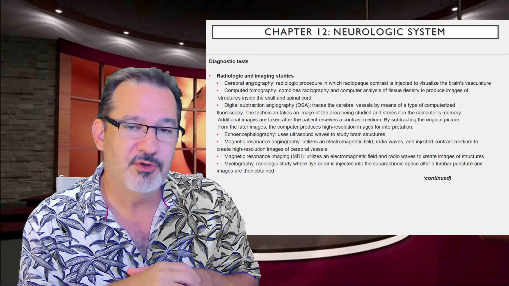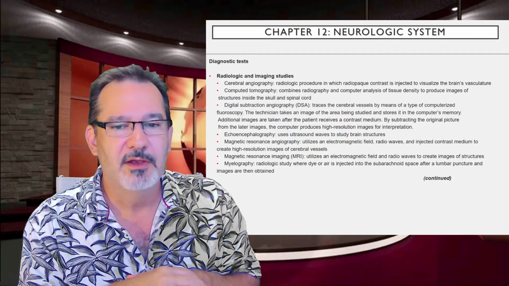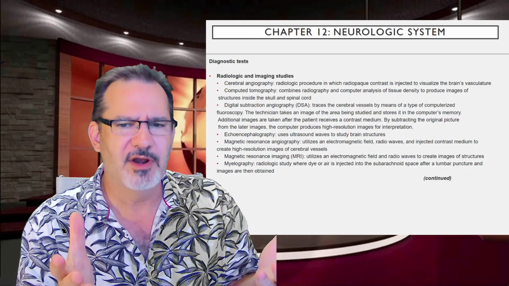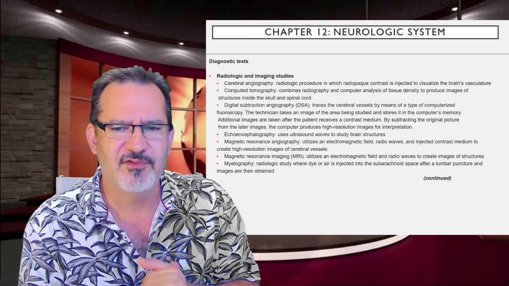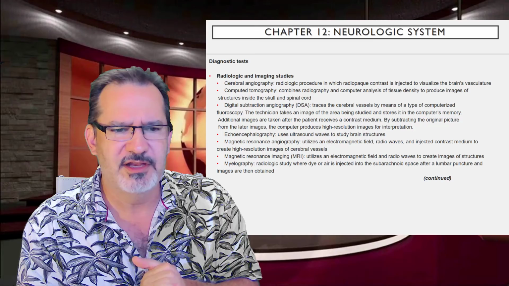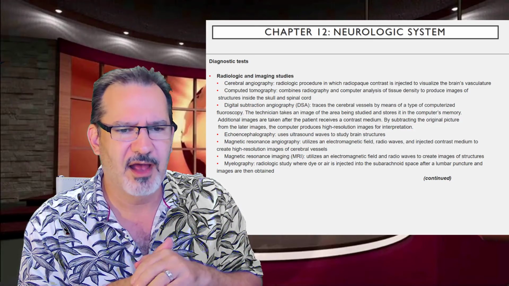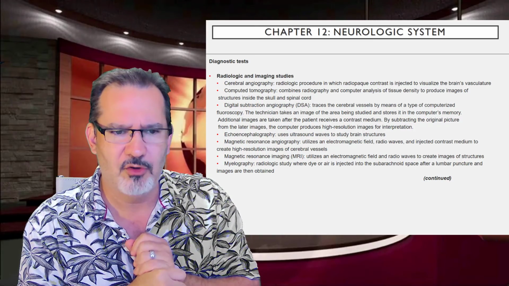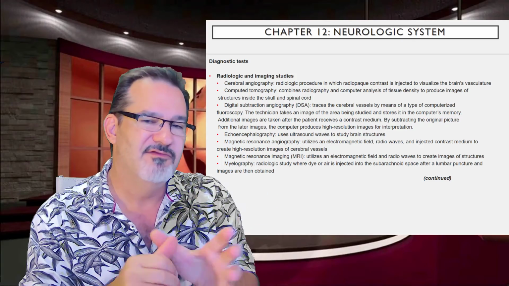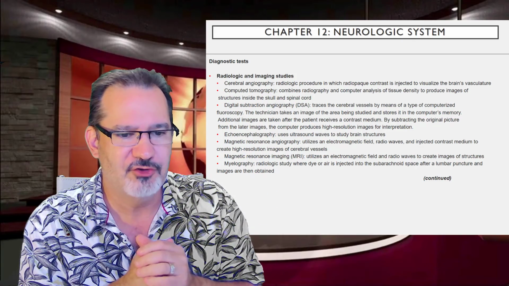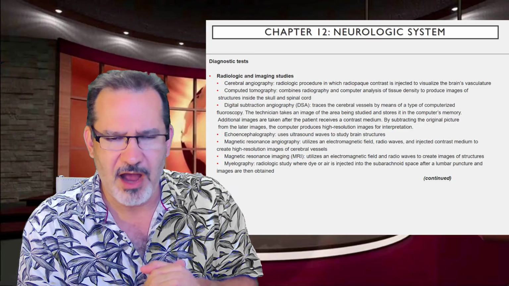CT scans, computed tomography. Computer analysis and a radiograph of the tissue density produce images inside the skull and the spinal cord, giving us a much deeper view of what's going on inside you. Same thing for things like MRIs.